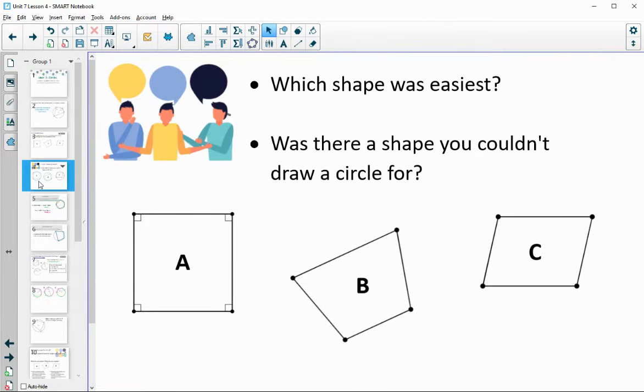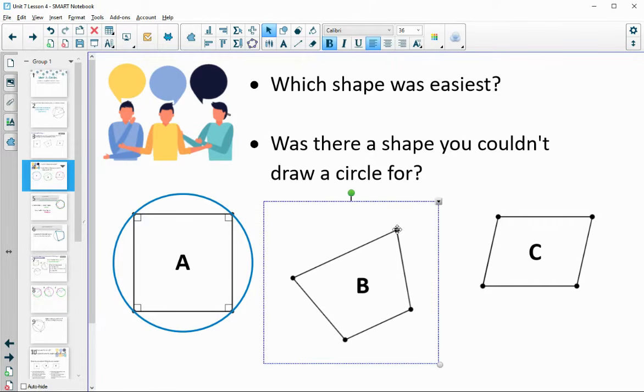All right, so hopefully you had some time and looked at drawing circles around here. Which shape was the easiest for you to get a circle drawn around? Maybe that was the square, because you could almost look for the center right in the actual middle of the square and then draw your circle.